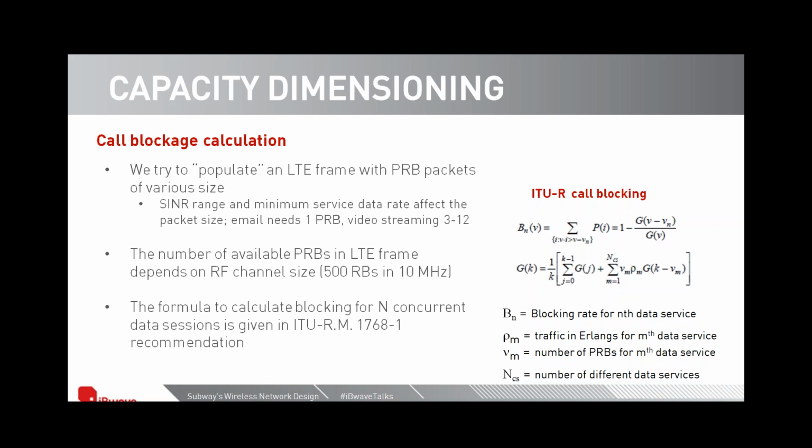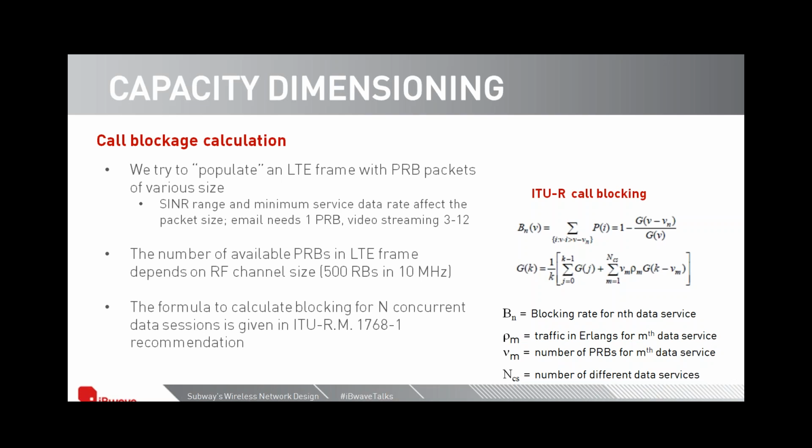We already know the PRB packet size for each of those services in all those ranges. We know, for example, that email needs only 1 PRB, and video streaming, we have seen, needs between 3 and 12, depending on where you are in the station. But what is the total number?